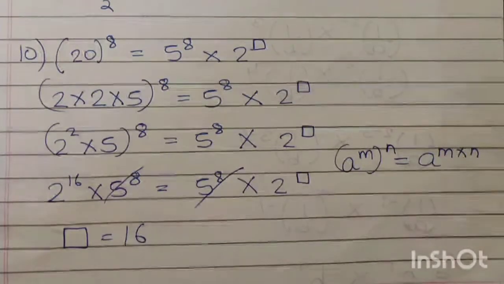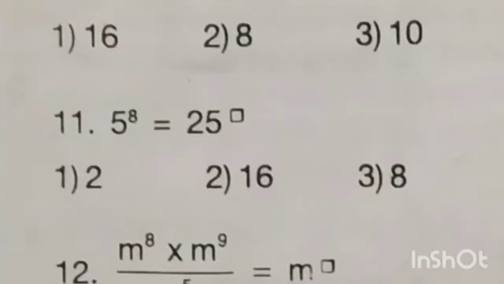Now 2 to the power 8 multiplied by 2 to the power 8 results to 2 to the power 16, because when bases are same, by the product law you add the exponents in multiplication. So 2 to the power 8 plus 8 is 2 to the power 16. So the box is 16. So the answer for the 10th question is 16.